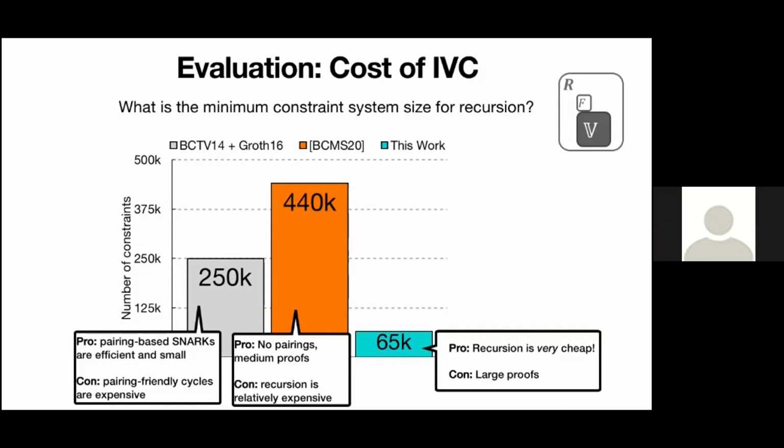So do you know more or less the relative cost? Because in this 440, I guess there's the scalar multiplications, and there's the hashing to get the random challenges. Do you remember more or less the part of each one in this 440? Yeah, I think it's dominated by the scalar multiplications and a little bit by the random oracle stuff.